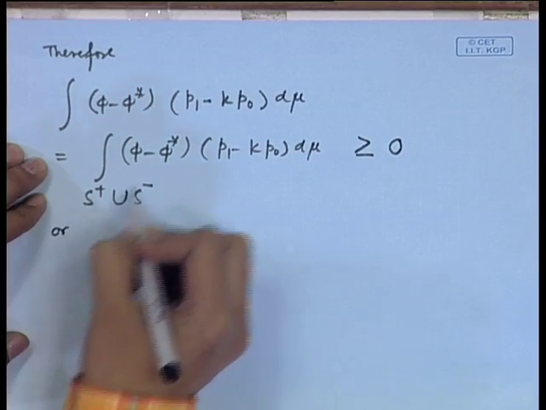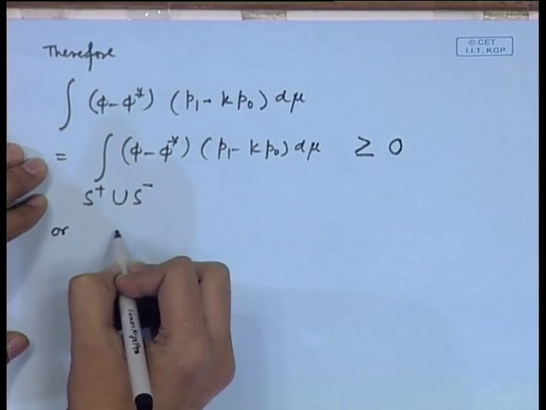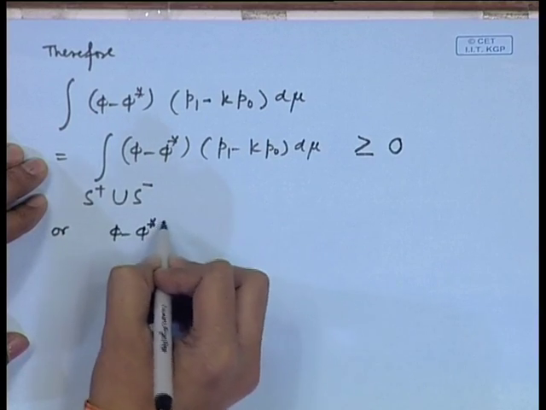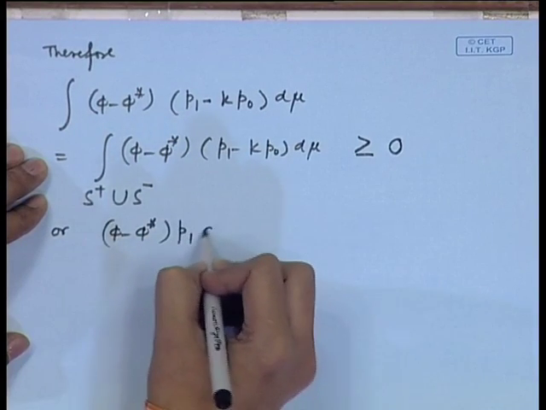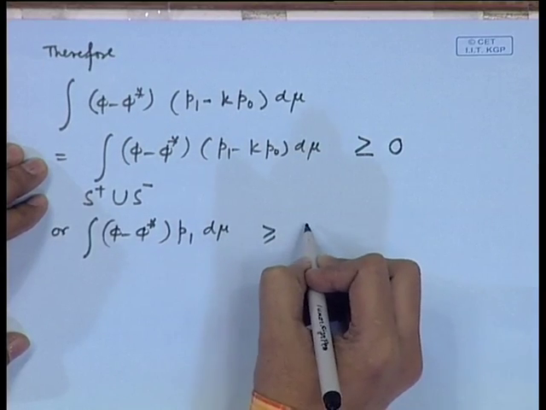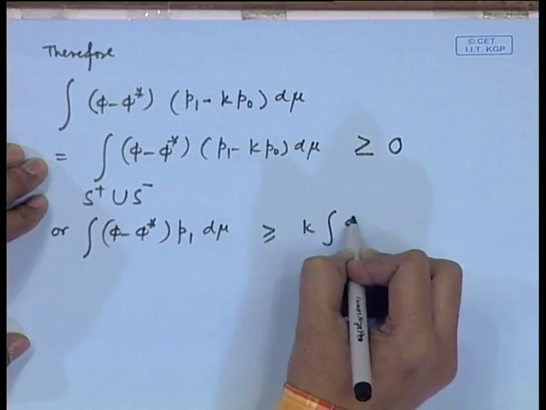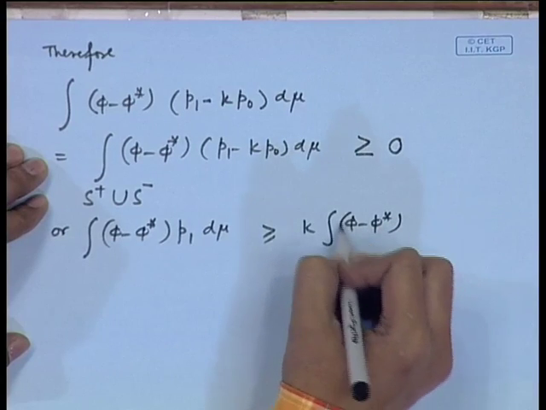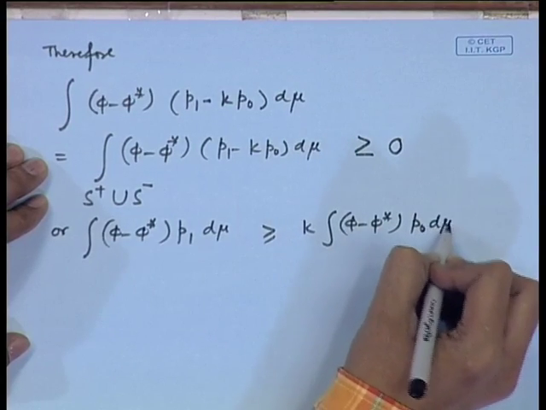So, this we can simplify, we can write it as the integral of phi minus phi star into p 1 d mu is greater than or equal to k times the integral of phi minus phi star into p naught d mu.